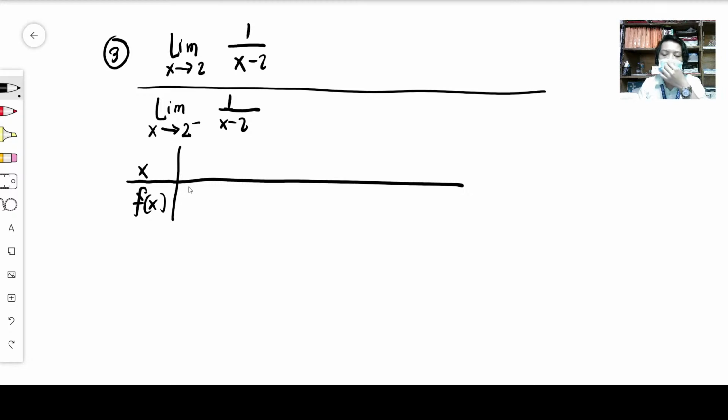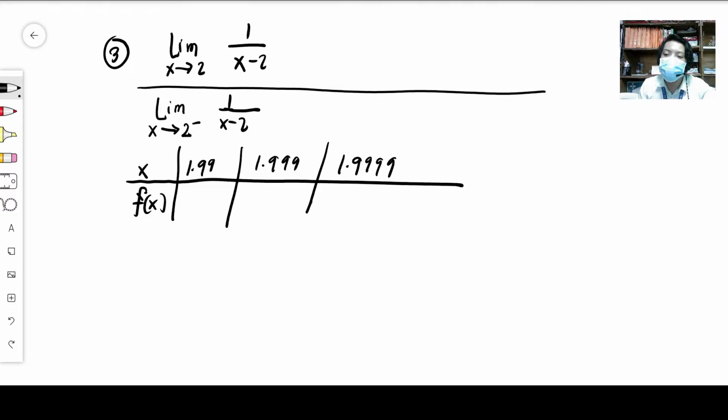Coming from the left, the values of x are, say, 1.99, 1.999, and so on. Then when you substitute the values of x to solve for the value of f of x, let me get my calculator.